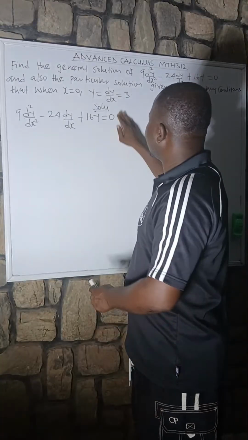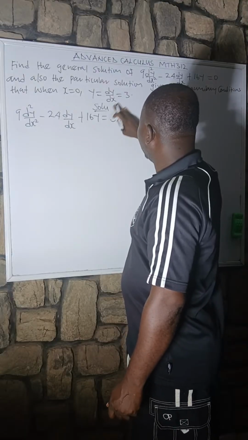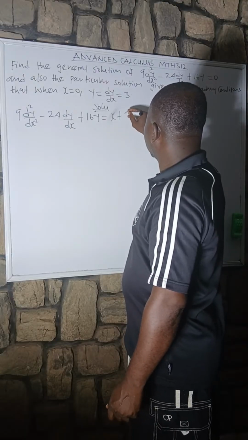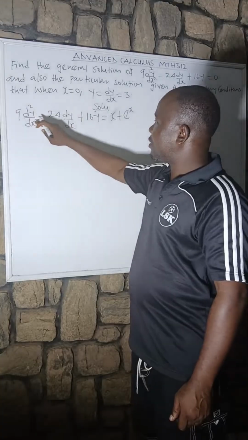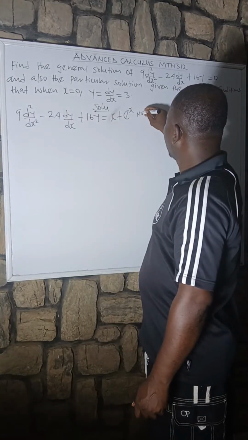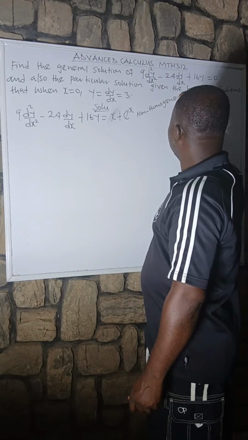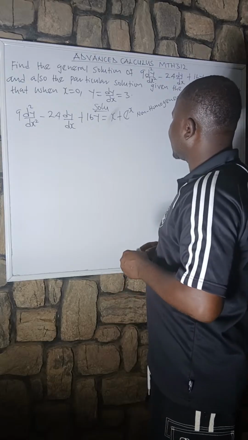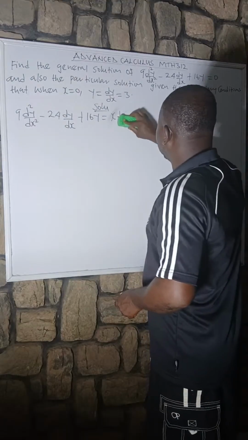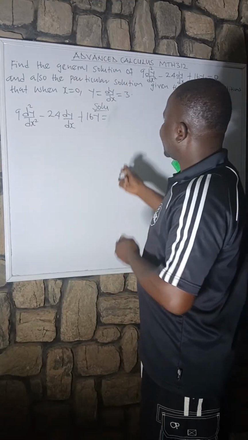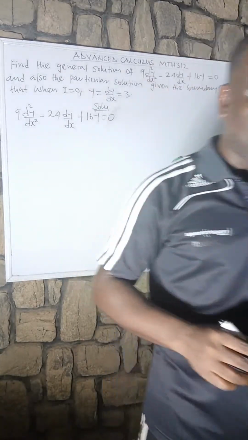But supposing this is equal to exponential x, or x plus exponential x, this second order differential equation would be called non-homogeneous. Take note. In one of my videos I tried to explain the type, order and degree, so you should take note.